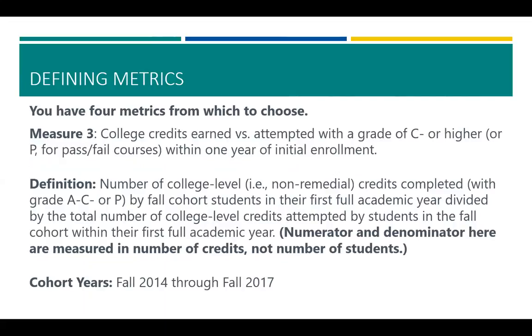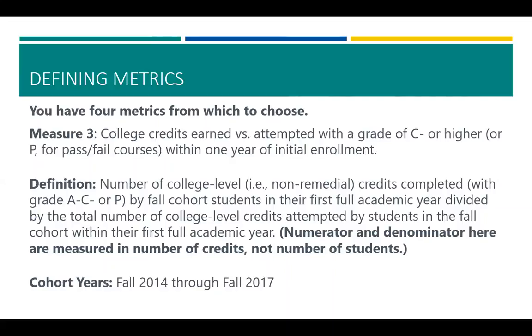The third measure is college credits earned versus attempted with a grade of C- or higher, or in the case of pass-fail courses, a pass, within 1 year of initial enrollment. And this is the metric where we're not looking in terms of number of students, we are looking in terms of number of credits attempted versus completed.